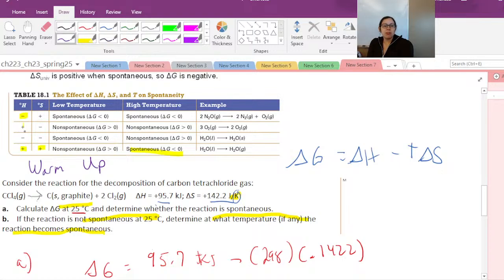If you have to add heat to it, but your entropy is decreasing, that's somewhat contradictory versus what our actual scenario was. It was an endothermic reaction, but with increasing entropy. So yes, it is spontaneous under high temperatures, which we then did prove.